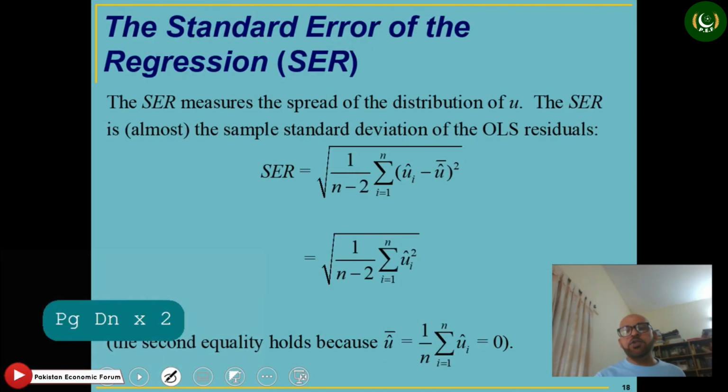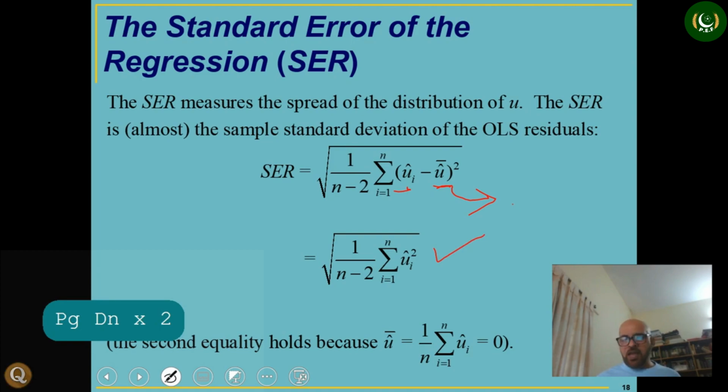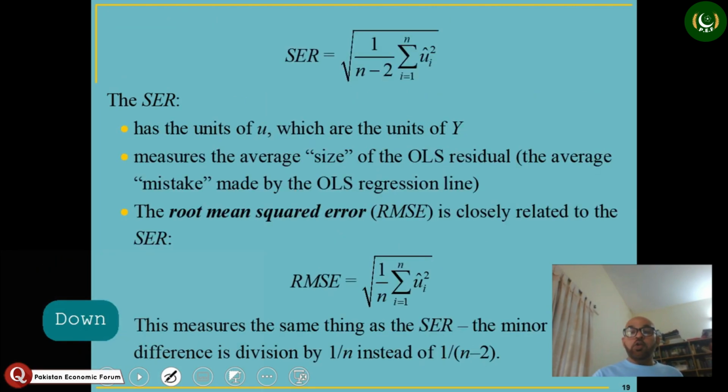Standard error of the regression: the sum of (ui minus u hat bar) squared, and u hat bar is always 0, so the sum of ui hat squared divided by n minus 2. Root mean square error: this is the sum of squared errors, and when you take its mean, this is the mean square error, and then you take its root.